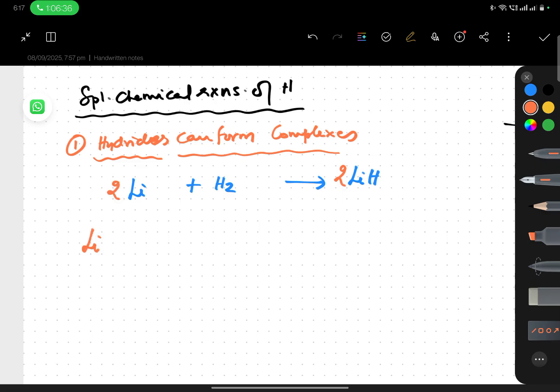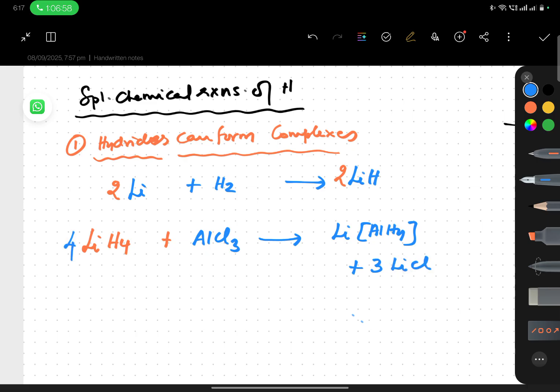Now you take lithium hydride and treat it with aluminium chloride. So you'll get lithium aluminium hydride plus 3 moles of lithium chloride. I need 4 here. Balance it, ma.